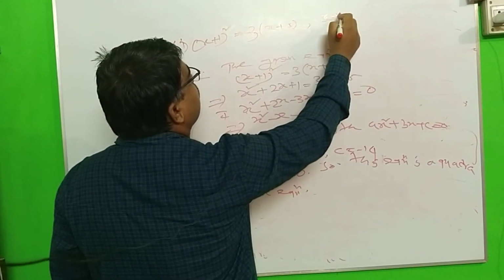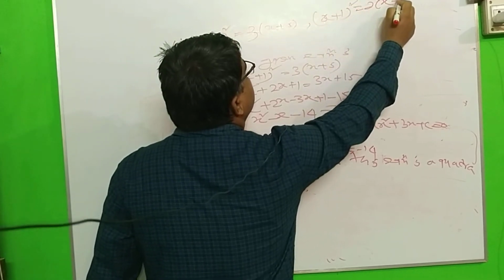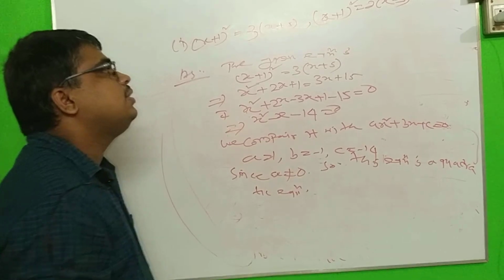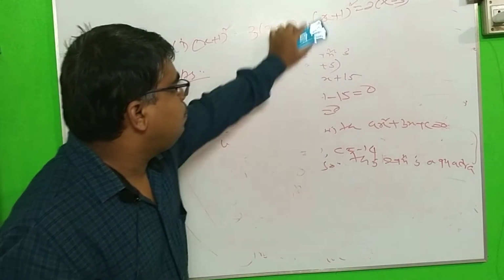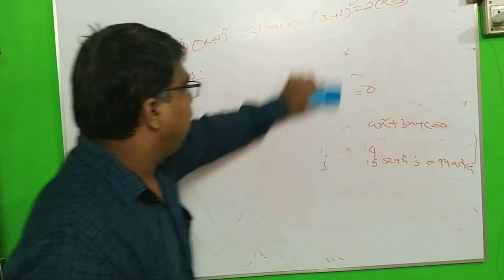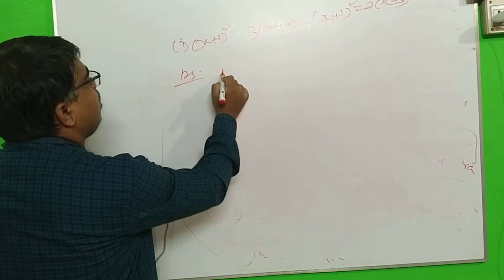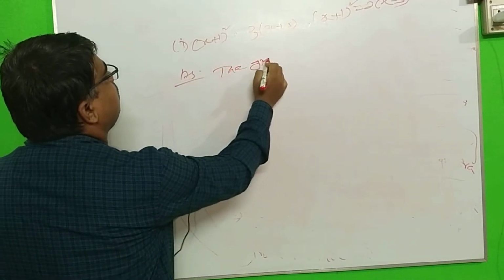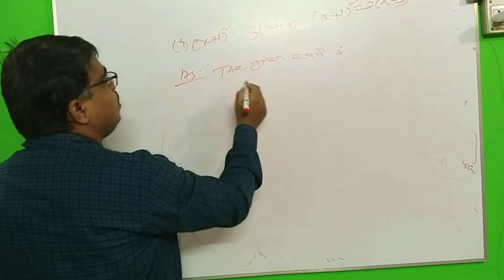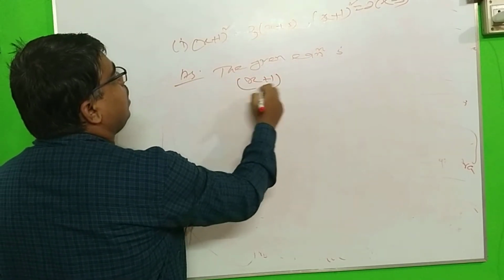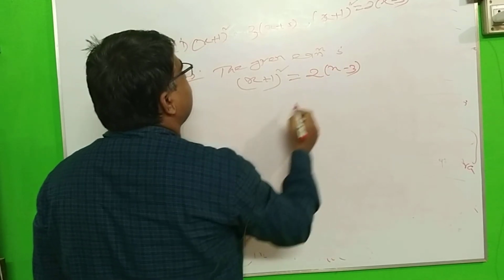Now we check another equation: x plus 1 whole square equal to 2 into x minus 3. Is it a quadratic equation? We solve it as the given equation is x plus 1 whole square equal to 2 into x minus 3.